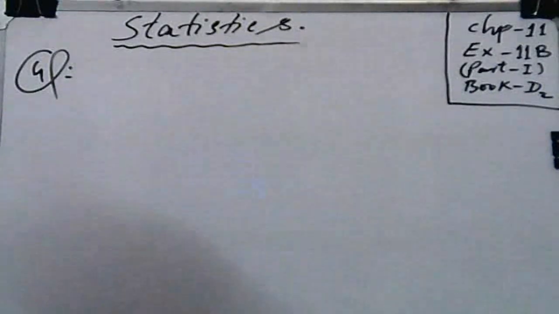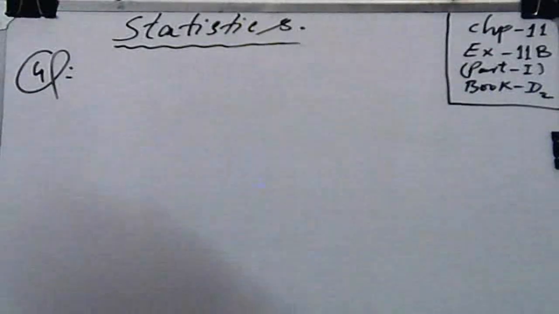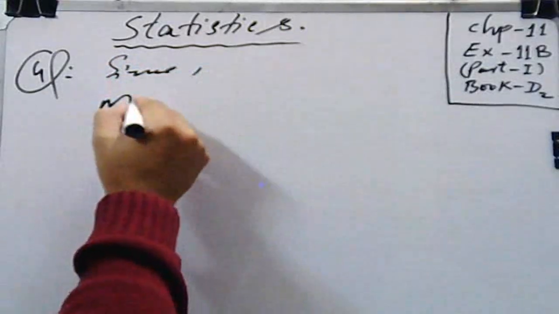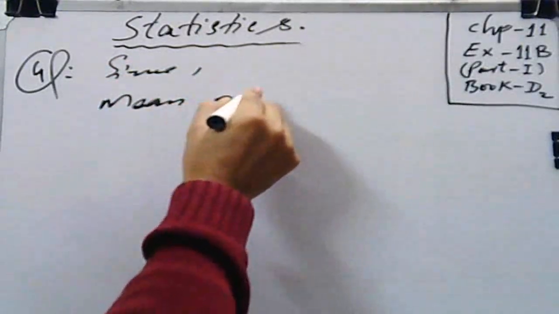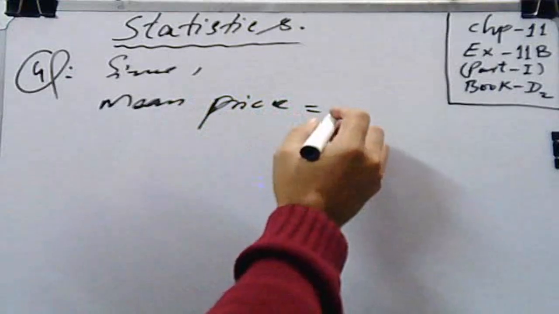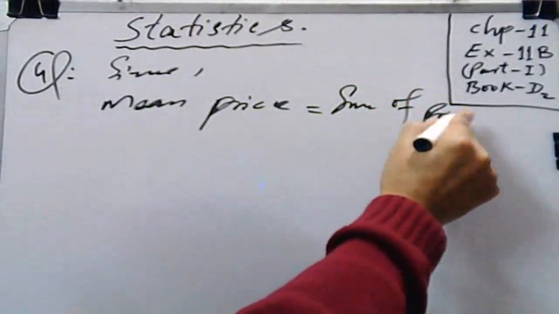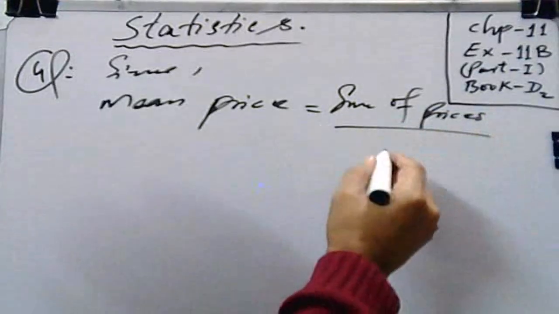So you can see the prices in dollars, and we can find the mean price of these books. Mean price is equal to the sum of prices divided by the number of books.